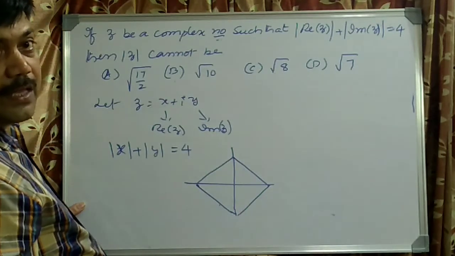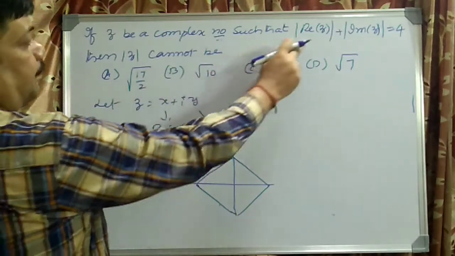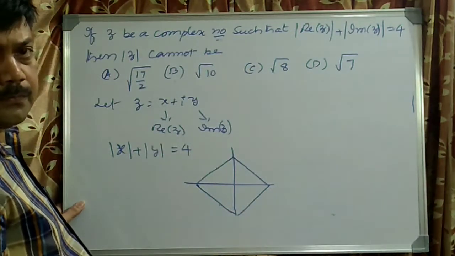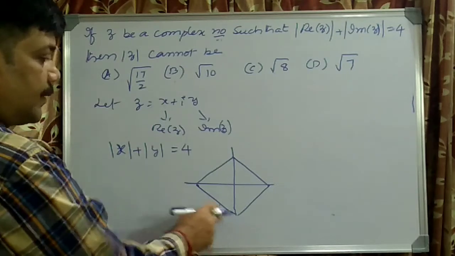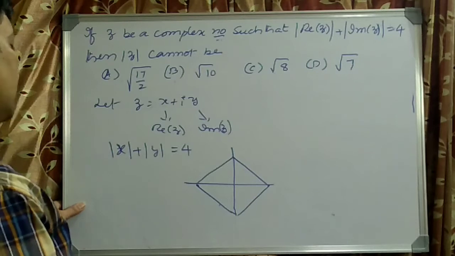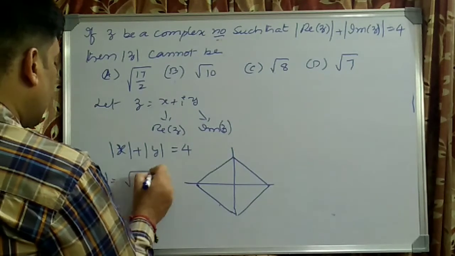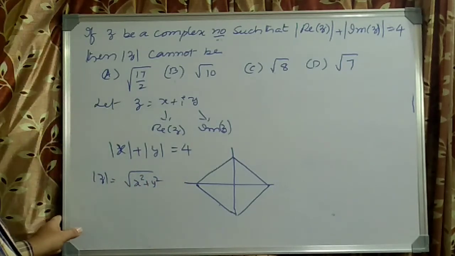So this is a square very clearly. So this point lies on the square. Now you know that mod z is equal to root of x square plus y square.